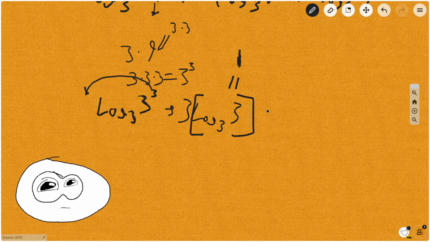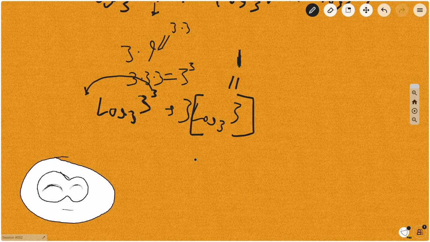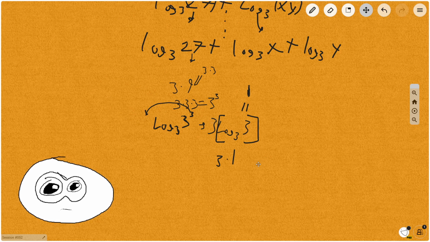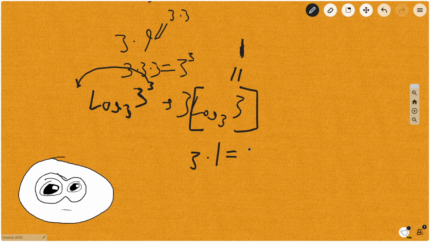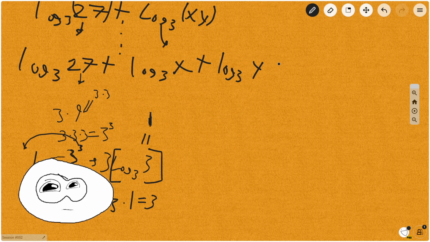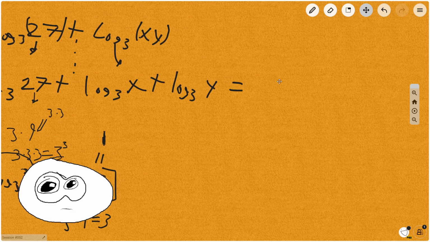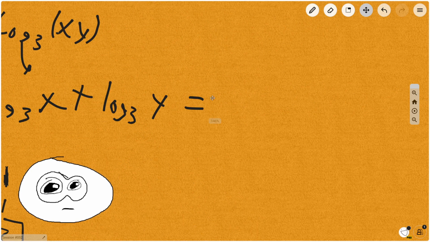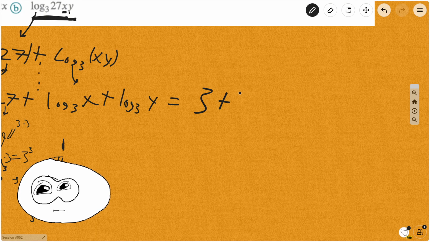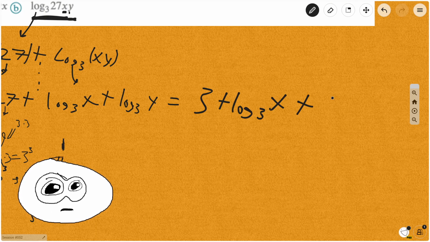That's a neat little shortcut. So then you have 3 times 1, which also equals 3. So this whole expression actually equals not log 3 of 27, but 3 plus log 3 of x plus log 3 of y.